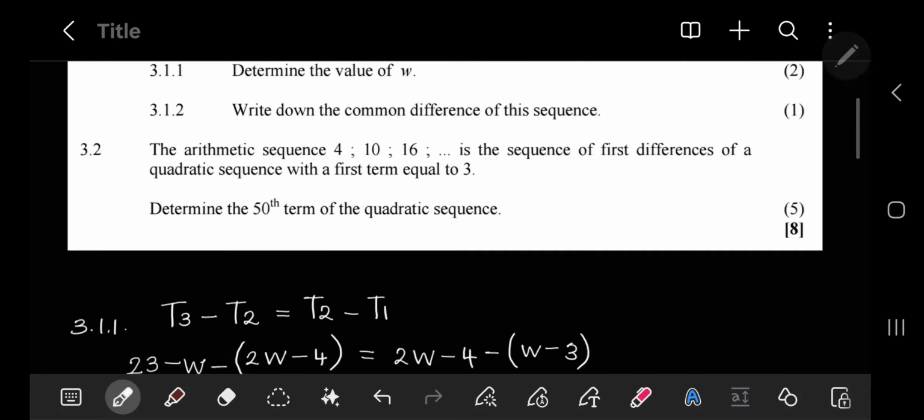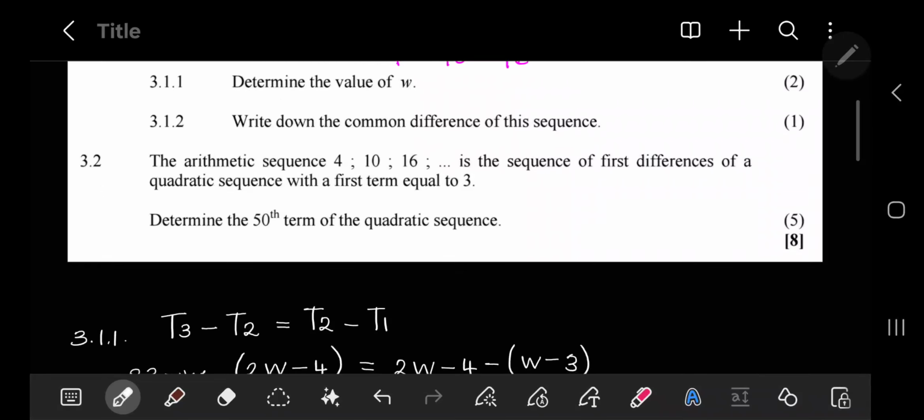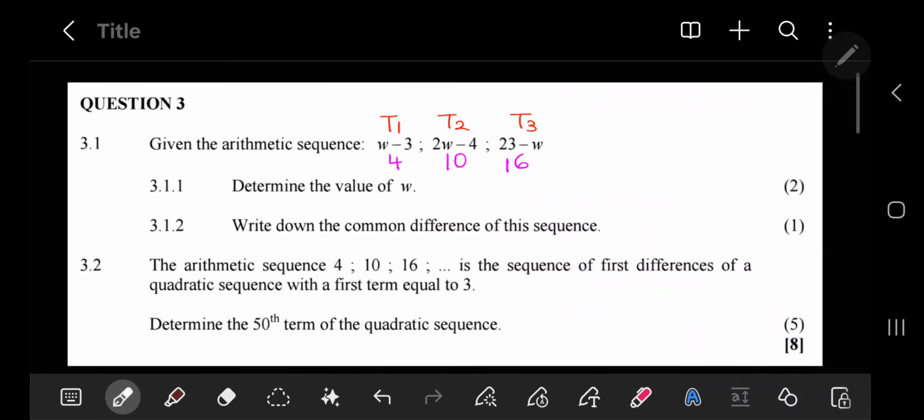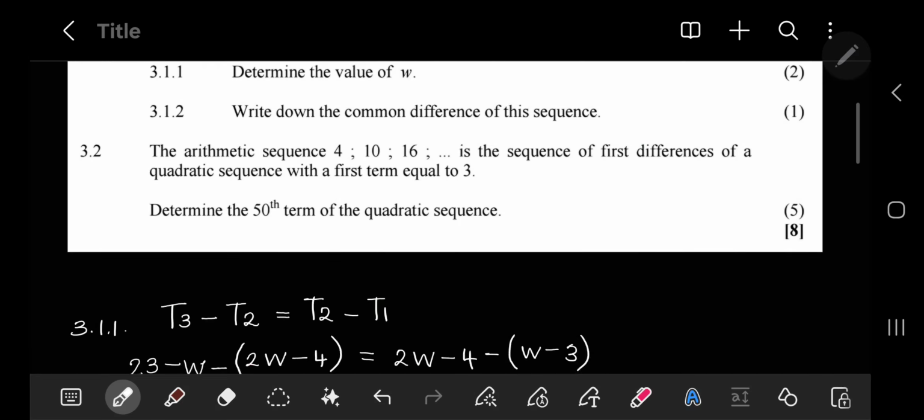Okay, let's move on to 3.2. It says the arithmetic sequence 4, 10, 16. So this looks like it's the same sequence from above. That is the sequence of the first differences of a quadratic sequence, with the first term equal to 3. Now, yes, we know that for a quadratic sequence, it has 2 differences, and the first difference forms an arithmetic pattern.